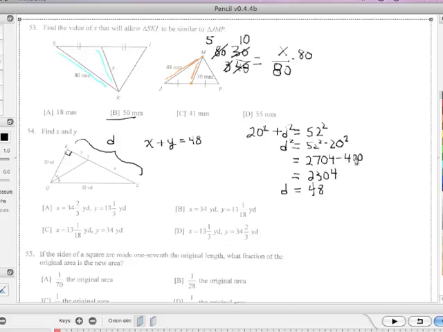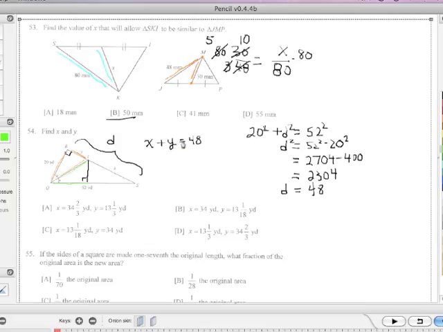If this angle is the same as this angle, and if we drop a perpendicular bisector down straight like this, then this triangle and this triangle are going to be congruent based on side-angle-side.